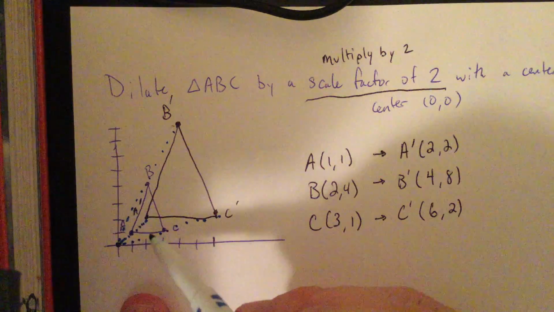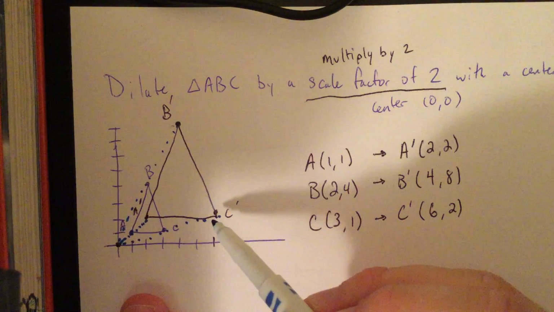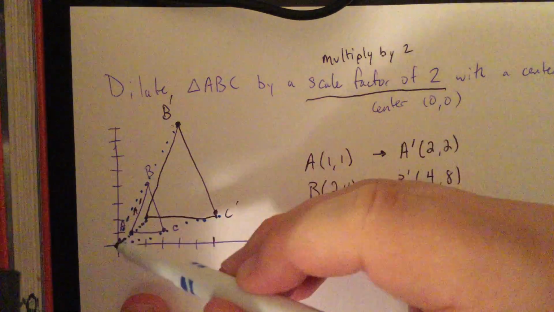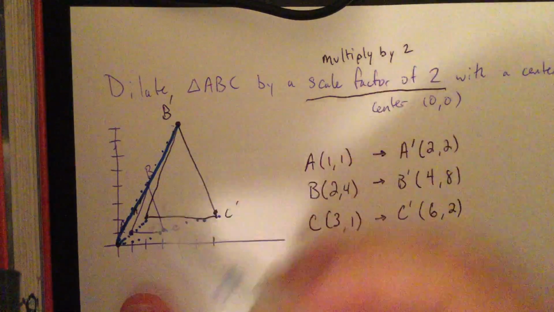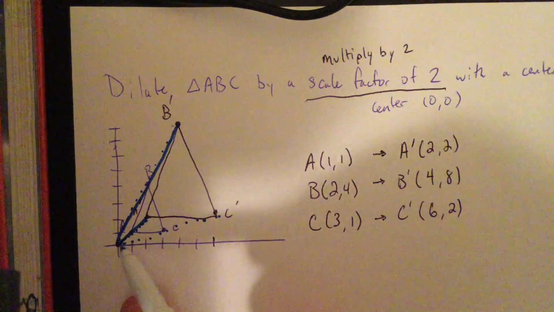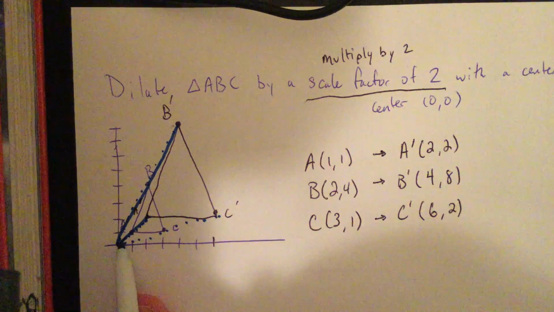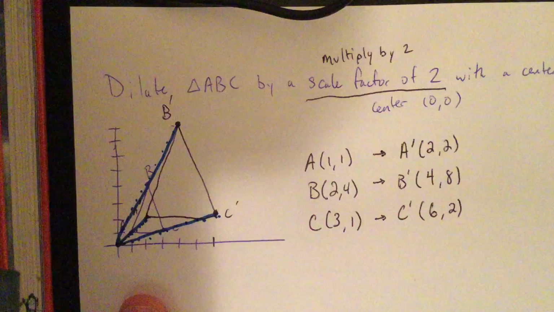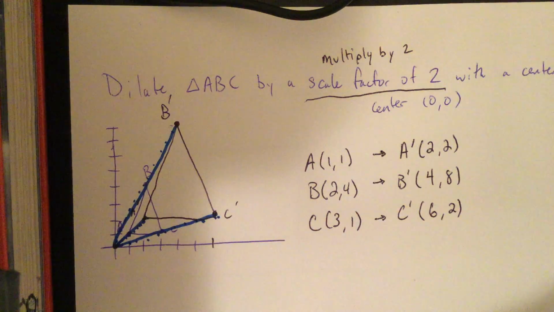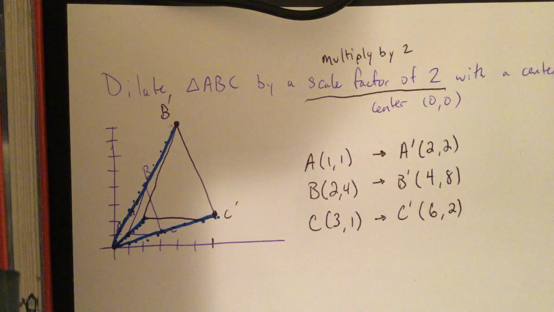Contains center of dilation, C and C prime. Okay, so if I were to connect those dashed lines, not perfect, but it's pretty close. Those should be on lines, and that's a good way to check to see if your dilation is correct. If your lines are not even like that, then the dilation needs to be fixed.